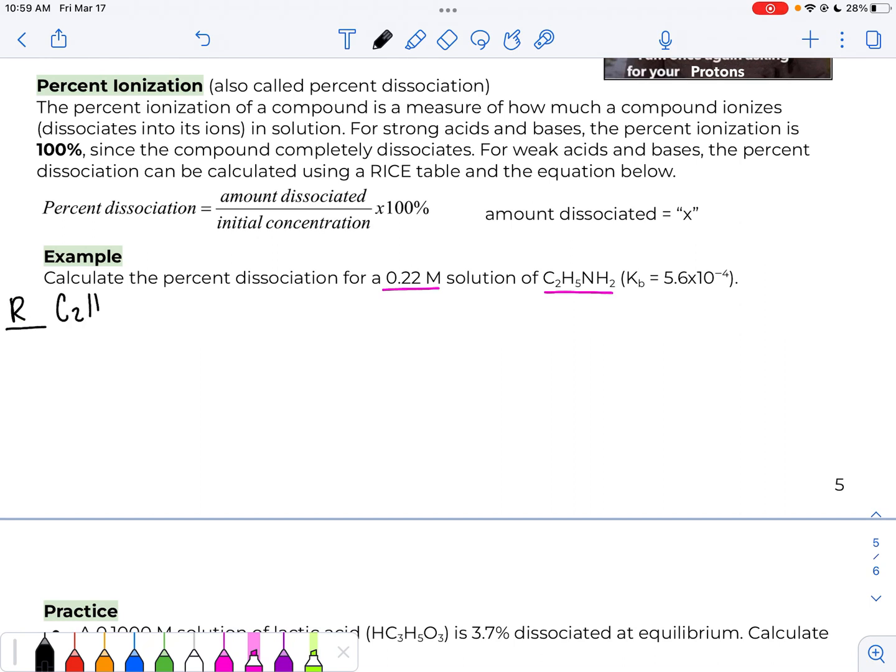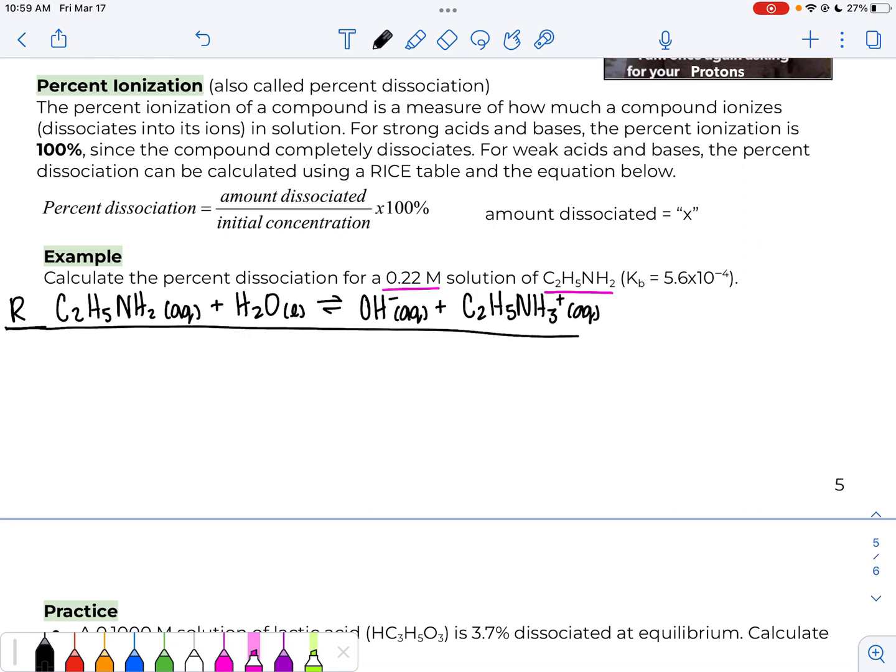We have our base, C2H5NH2 aqueous. We're adding it to water, and this is going to form an equilibrium system to make hydroxide and a conjugate acid. All right, here is our ICE table.